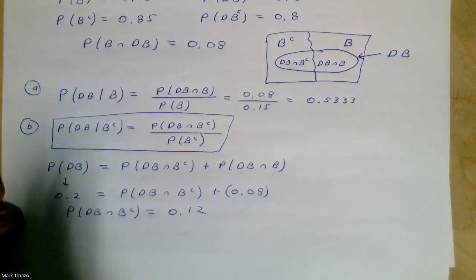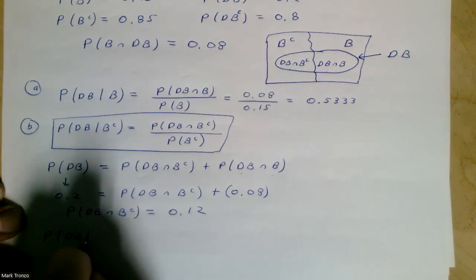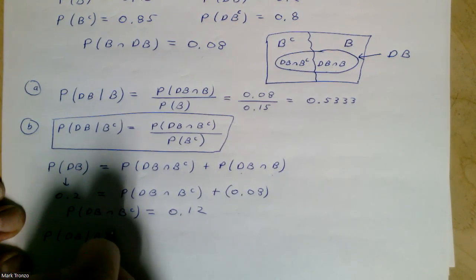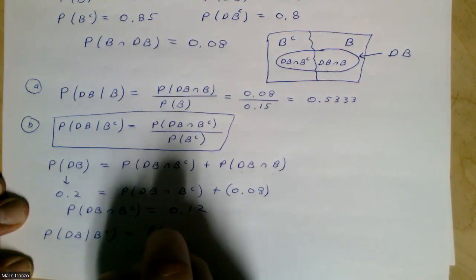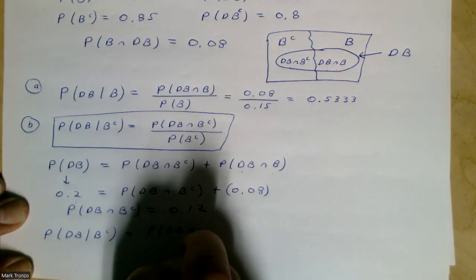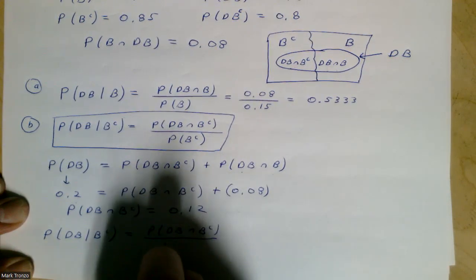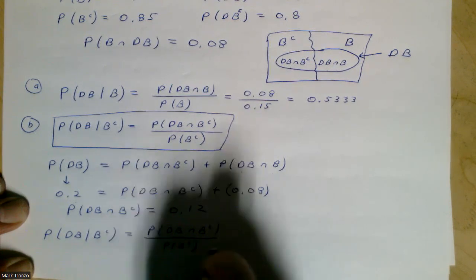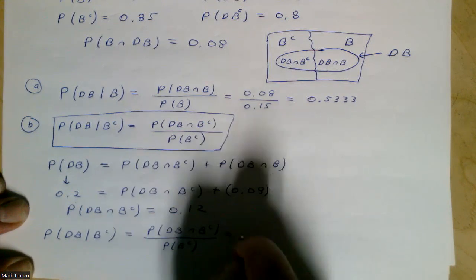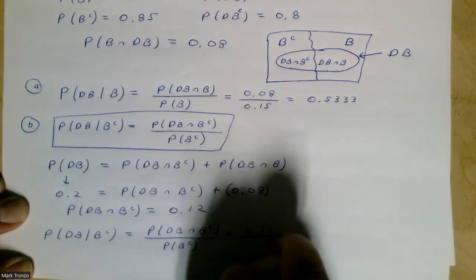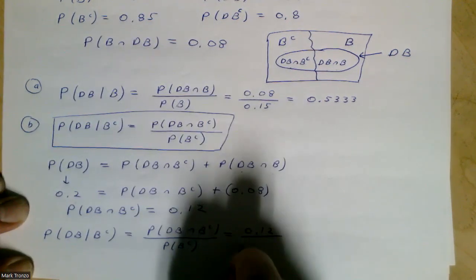So let's go ahead and write this all out. The probability that the drive belt needs replaced, given that the blade is not damaged, is going to be the probability of the drive belt intersection B complement divided by the probability of B complement. Again, this right here is our 0.12, and this is 0.85.